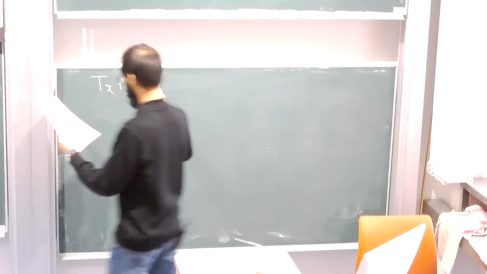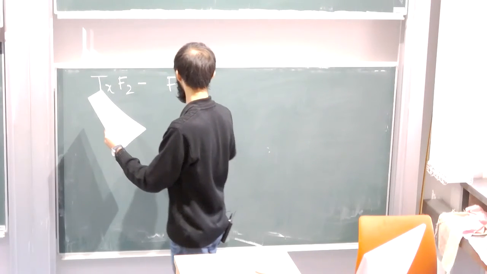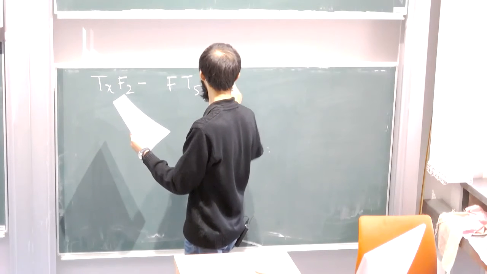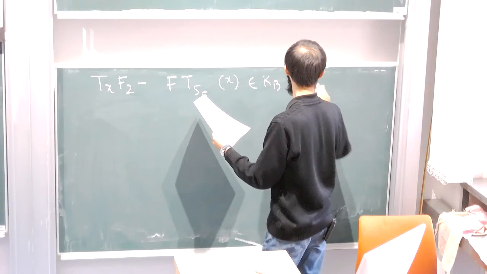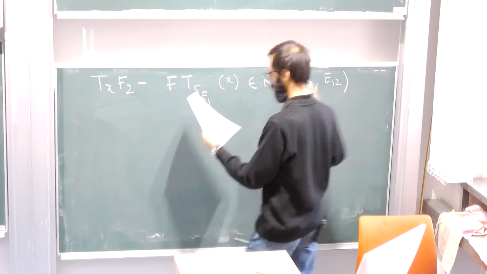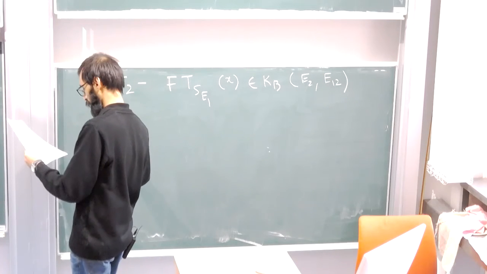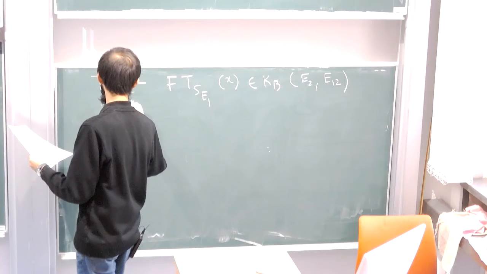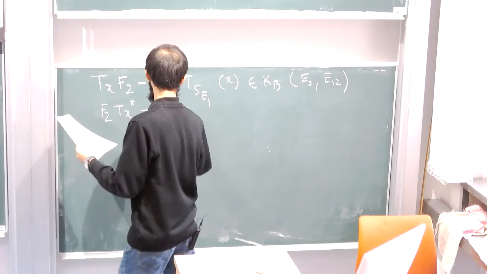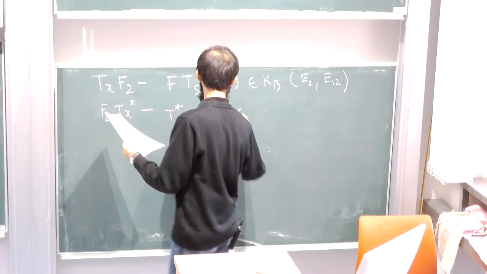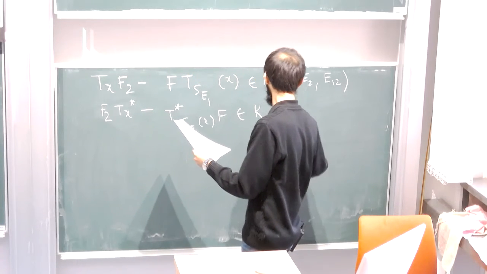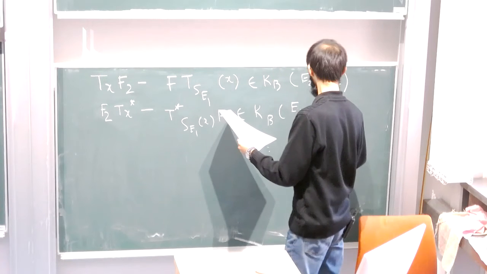So this is the following: minus F T_x, and F2 T_x star minus... this is the graded commutator.